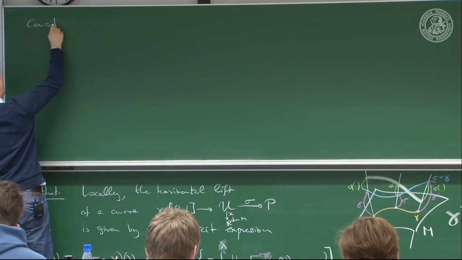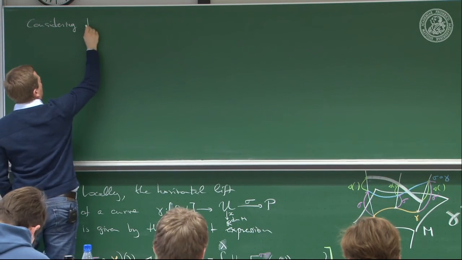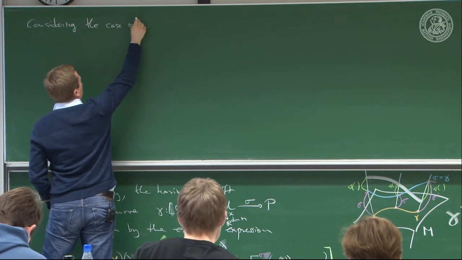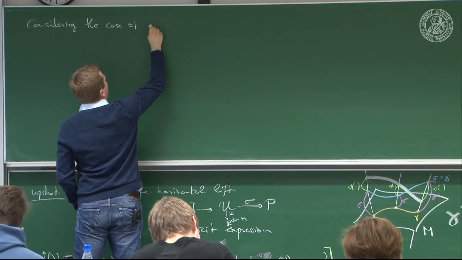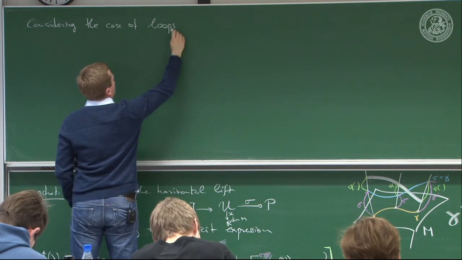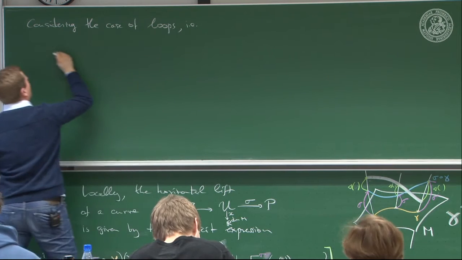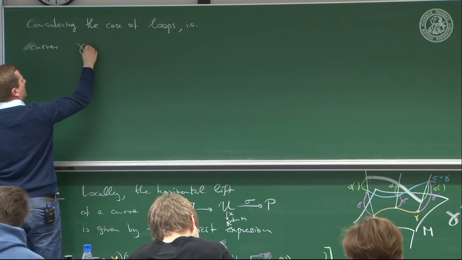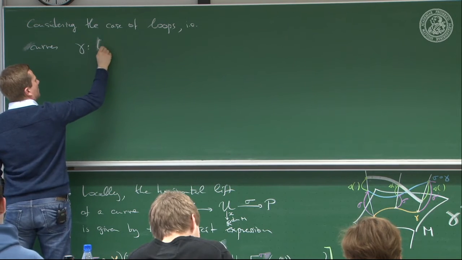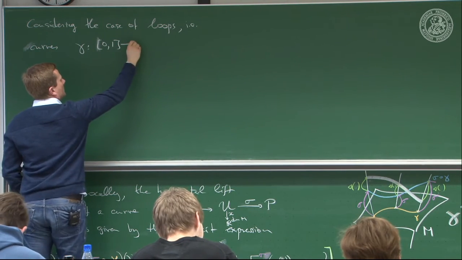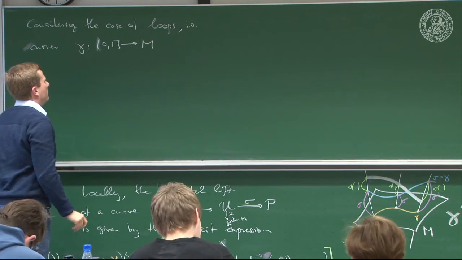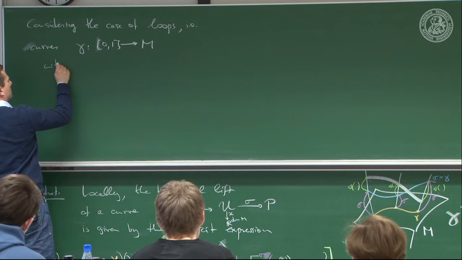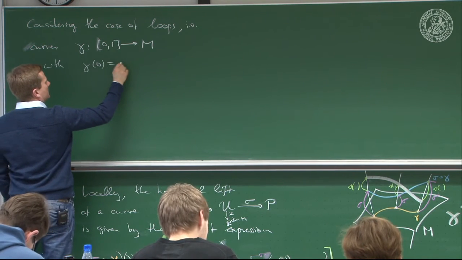Considering the case of loops, that is a curve gamma from 0 to 1 in the base manifold with gamma of 0 equal to gamma of 1.